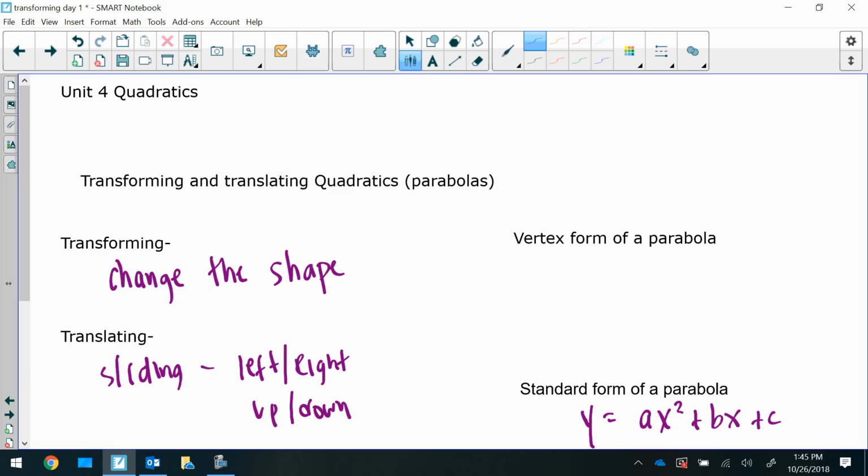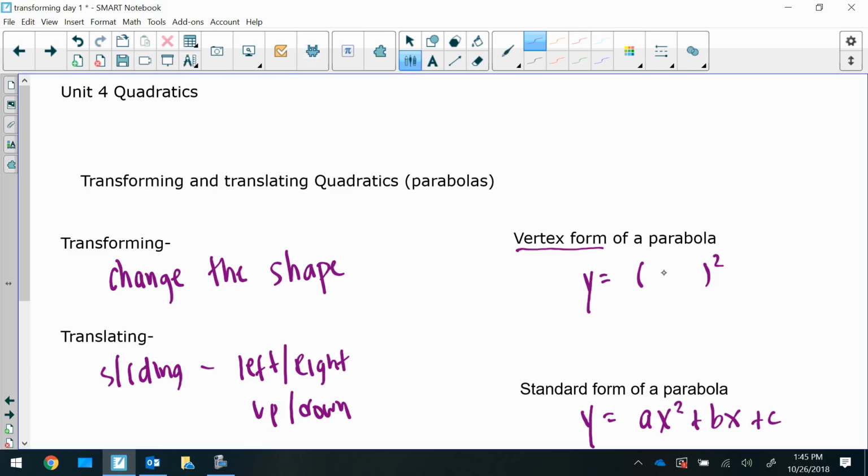There is a better form in terms of graphing a parabola, and it's called the vertex form. The reason why it's better to graph off of the vertex form is because it gives us where the vertex goes. And if you think back to where we were just on absolute values, we can relate that a little bit to parabolas.